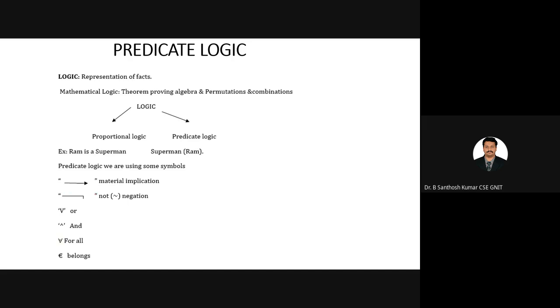The next one is the tilde symbol, which we write as ¬. It is also called the not symbol, or negation. Then ∨ means union or disjunction. Then ∀ means for all. Then this one means belongs to. These kinds of symbols we use for representation.